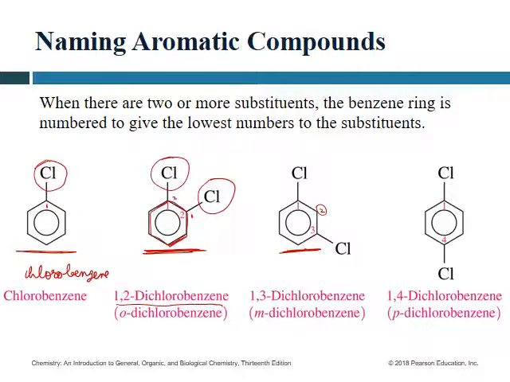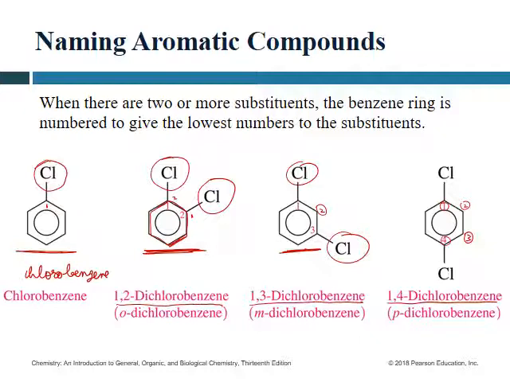So this would be called 1,3-dichlorobenzene. The next one is 1, 2, 3, 4, so it would be called 1,4-dichlorobenzene.